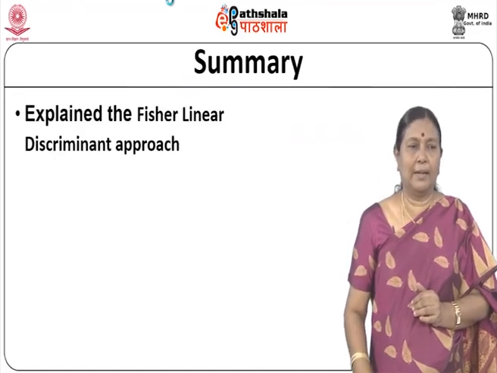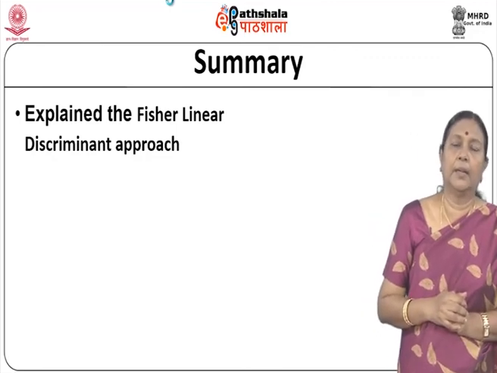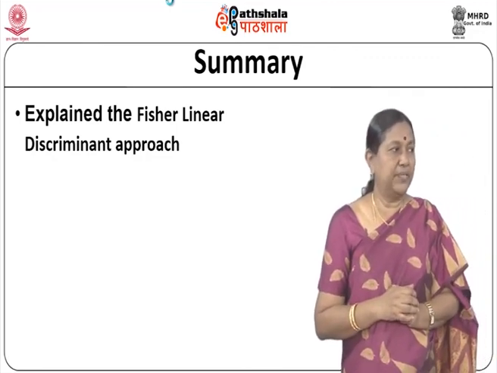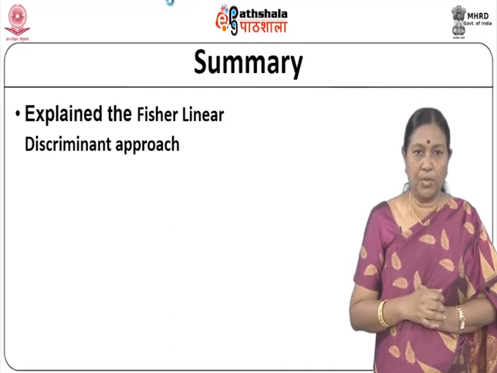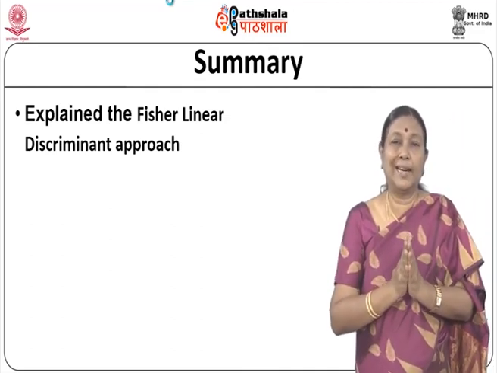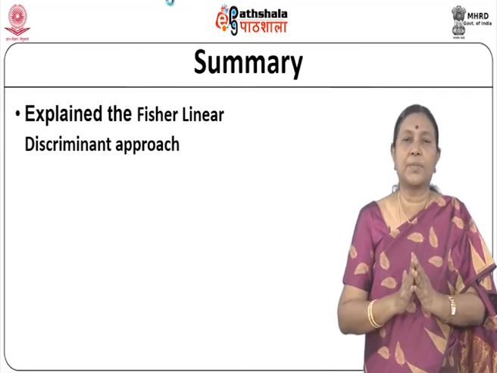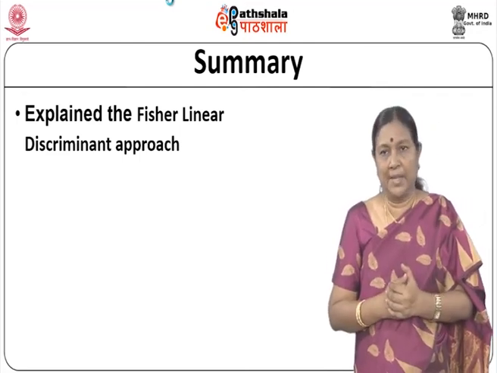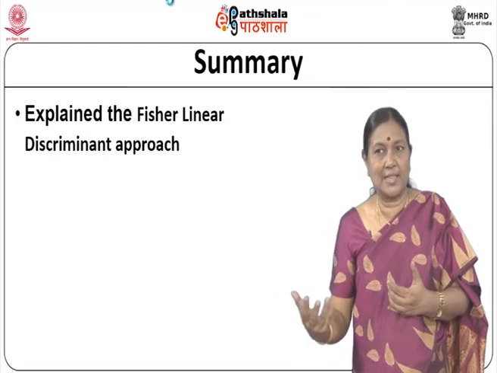So, in this particular module, we explained the Fisher linear discriminant approach. Now, what was the essence of the Fisher discriminant approach is that it is meant as a decomposition that separates 2 classes. Now, how do we extend this to 3 classes? We have not seen that.